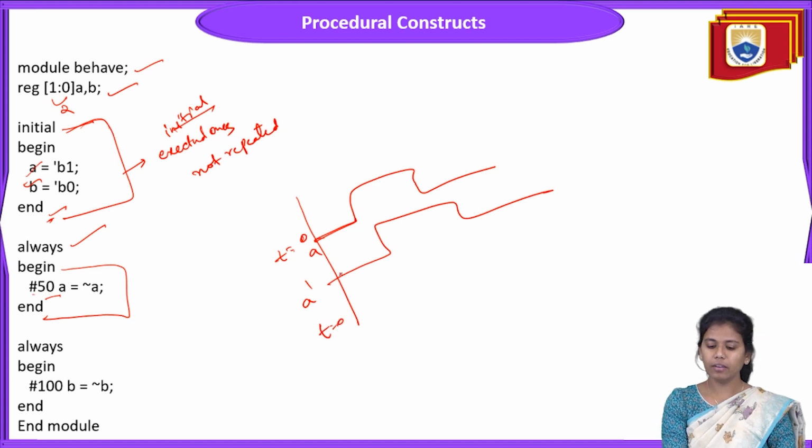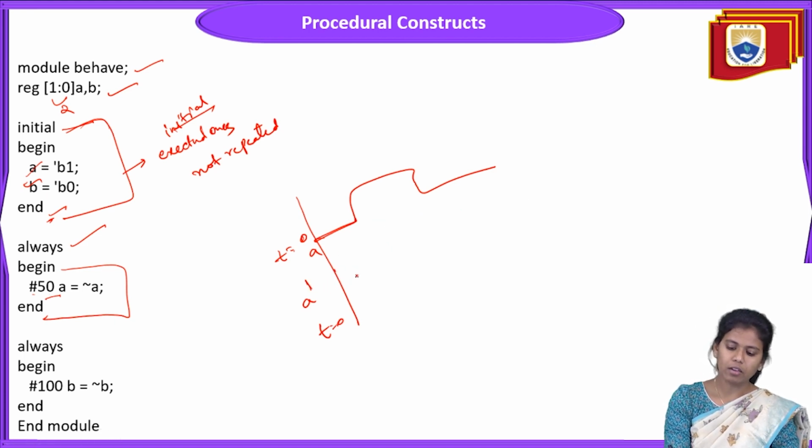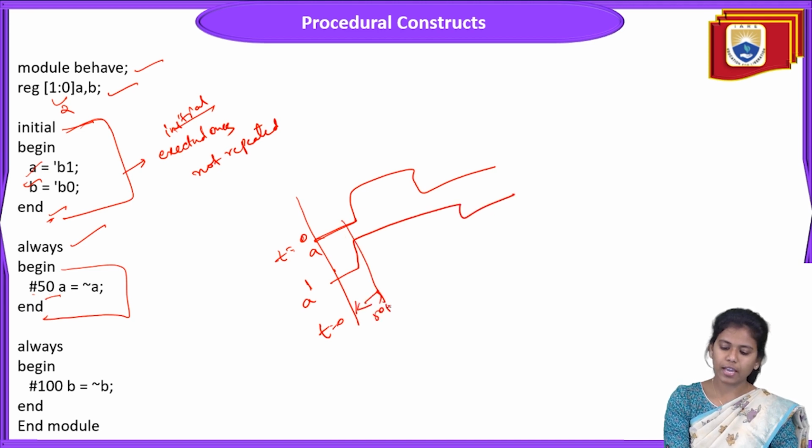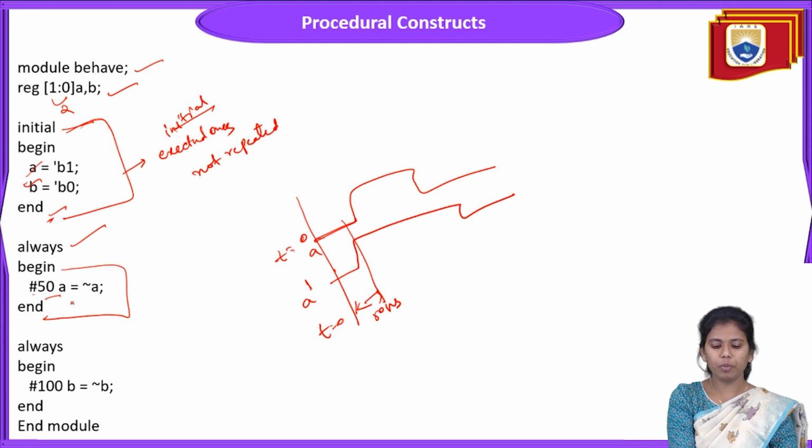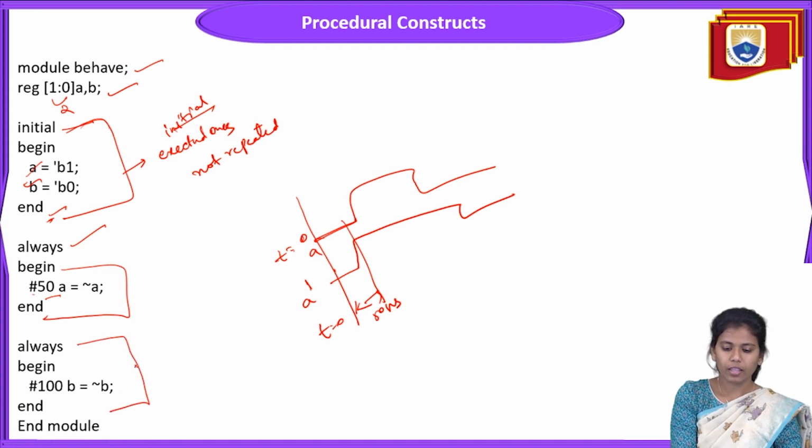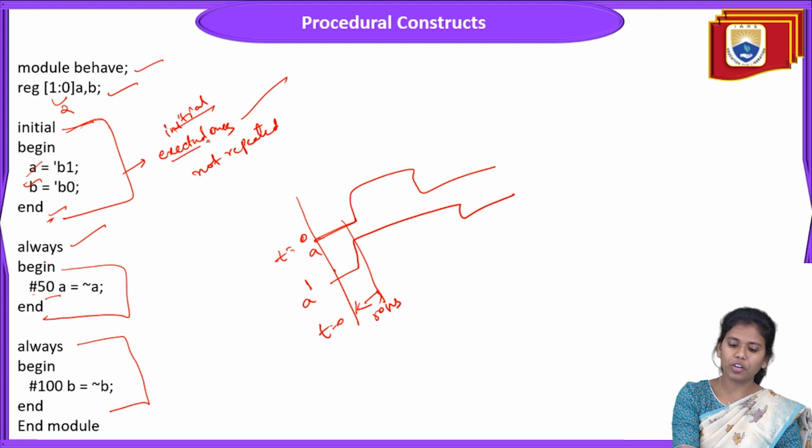But for A bar, the delay goes to 50 nanoseconds. That is the representation: A complement after 50 nanoseconds. Then ending. As I said, the initial will execute only once, whereas the always repeats.